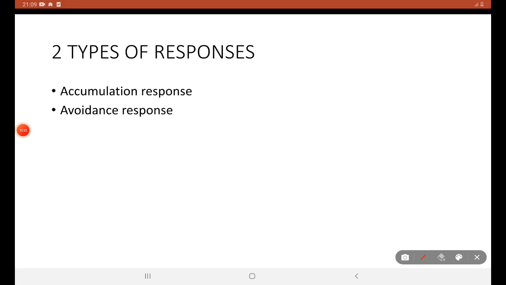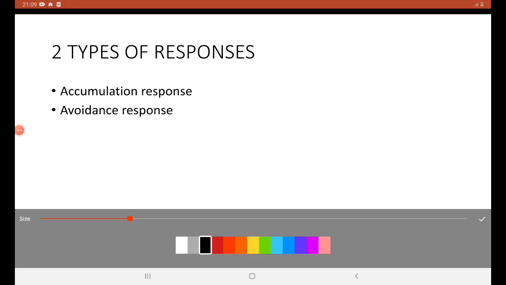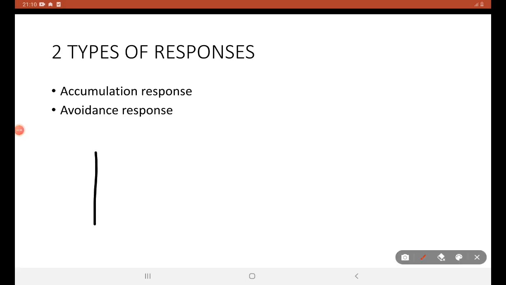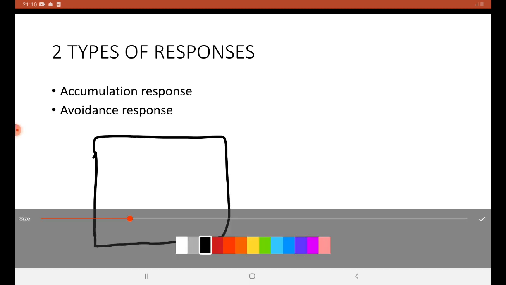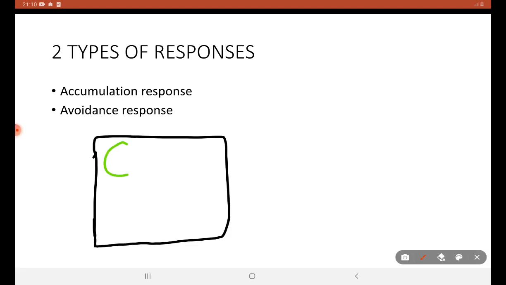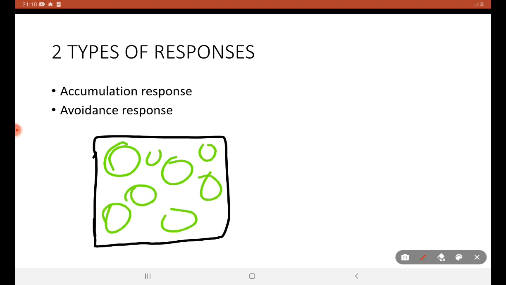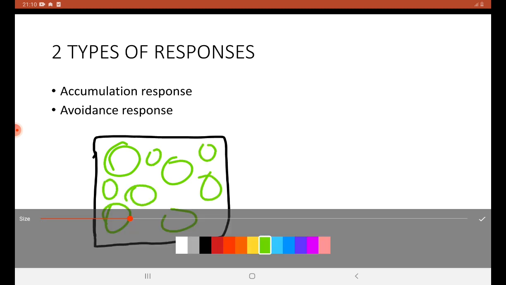So now we will see what is avoidance response. Consider this as a cell, and consider we have so many chloroplasts here and there inside the cell.